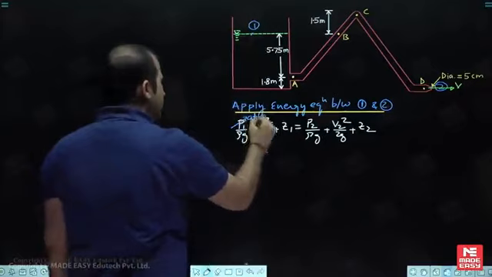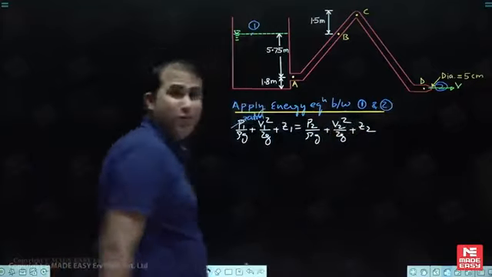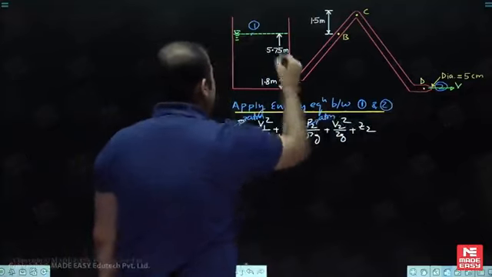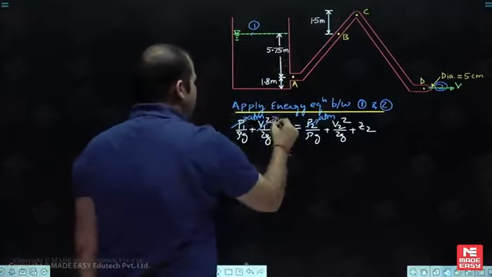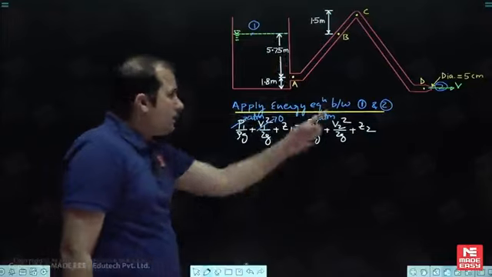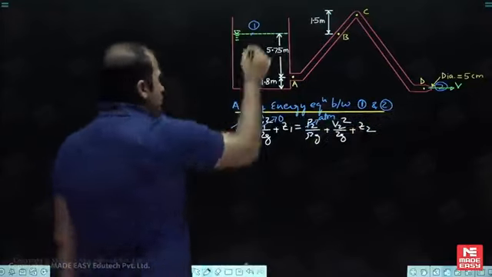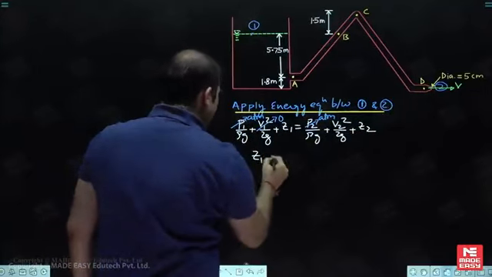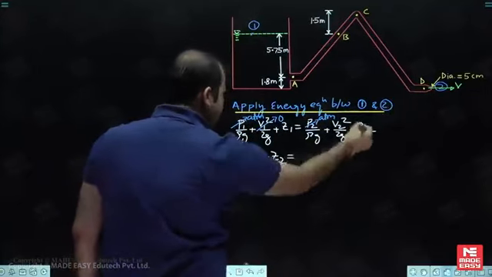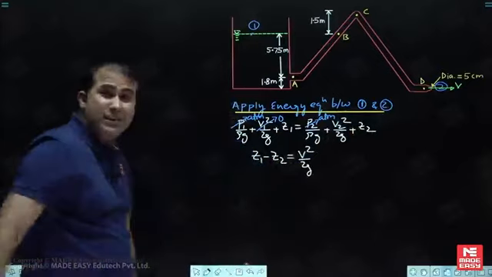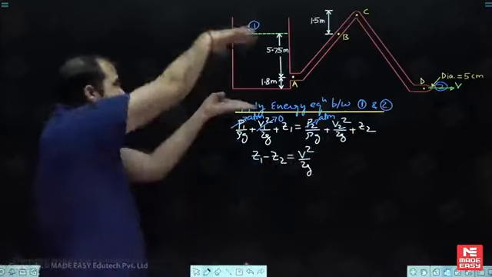Atmospheric. Pressure here is also atmospheric. Here the velocity is equal to 0. Here the velocity is V. So here I am going to say that Z1 minus Z2 is equal to V square by 2g. If you look at the difference of Z1 minus Z2, that difference is this.